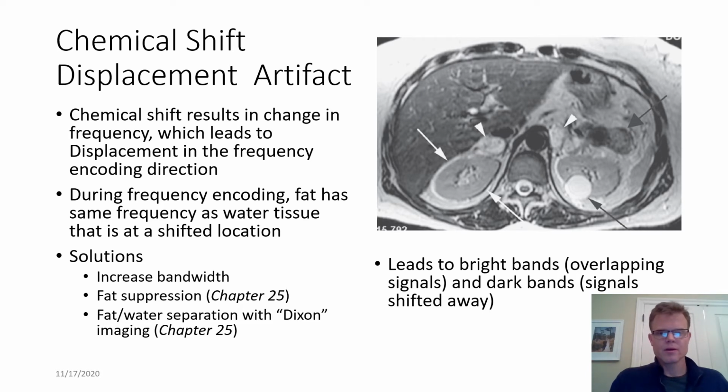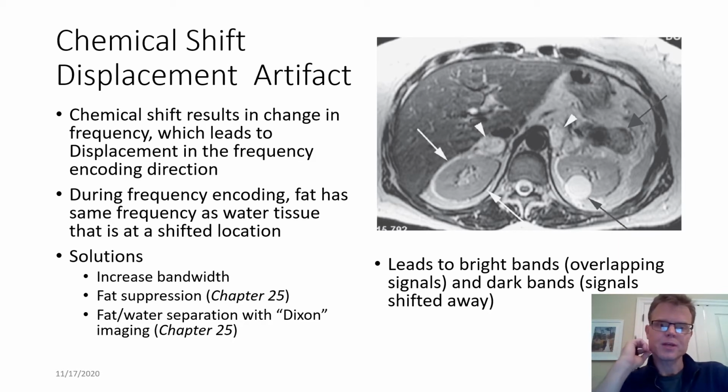We can divide this up into both the chemical shift displacement and the magnetic susceptibility displacement, because they have slightly different characteristics in our image, and we'll go through that. First off, chemical shift, where we're referring to not water. Chemical shift is typically referring to the frequency shift from fat.